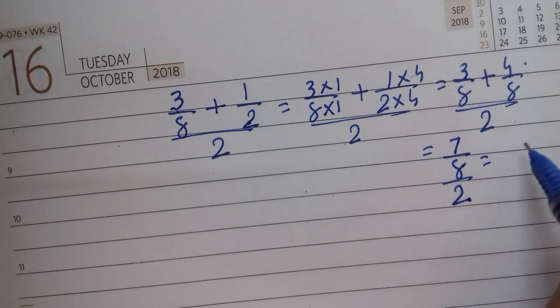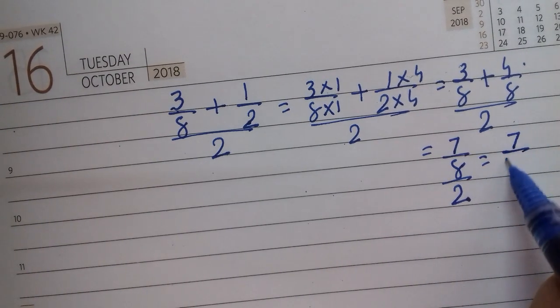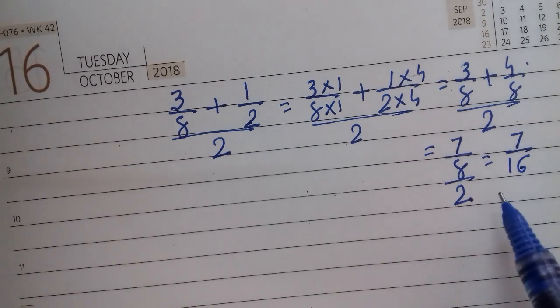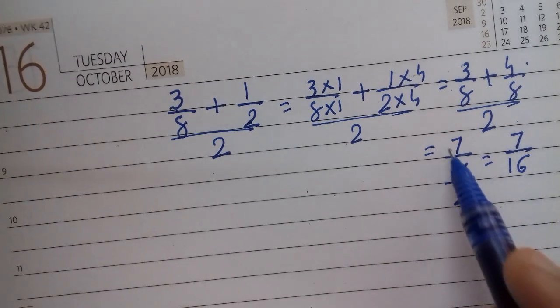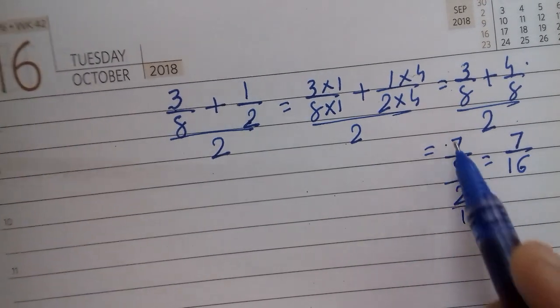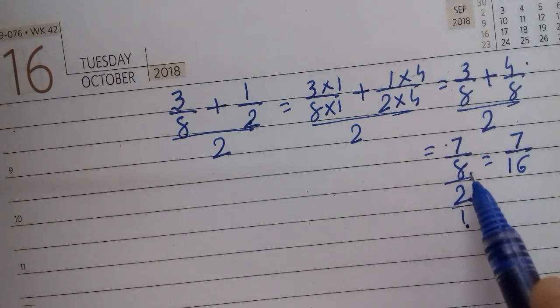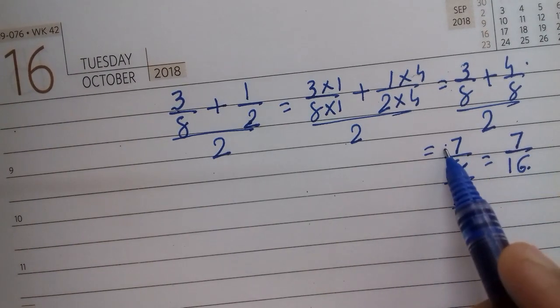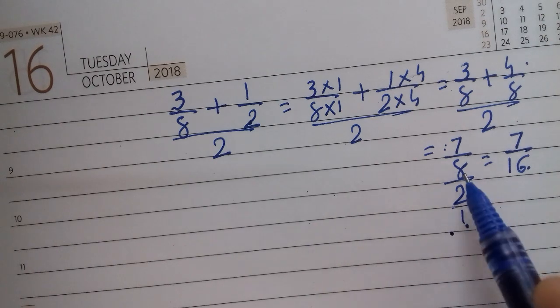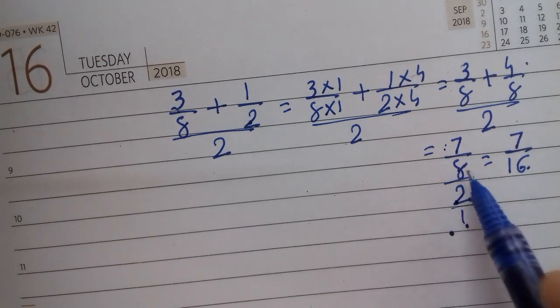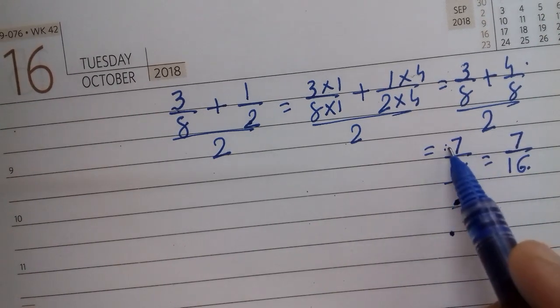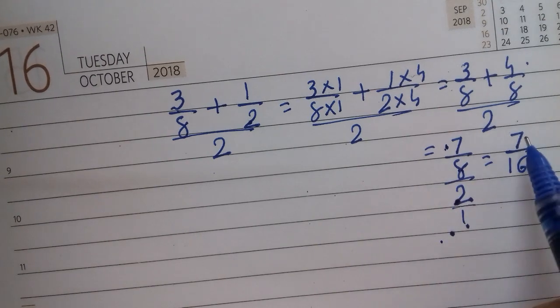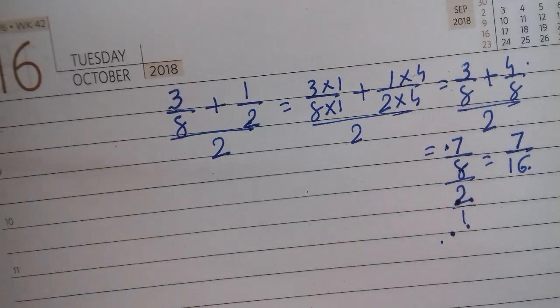So the final answer is 7/16. 7 times 1 is 7, 8 times 2 is 16. First and fourth, second and third: multiply the second and third, multiply the first and fourth. So you get 7/16.